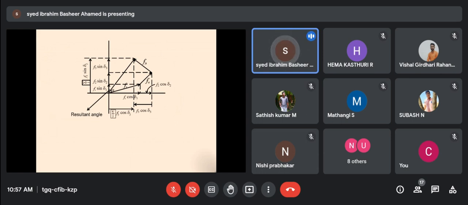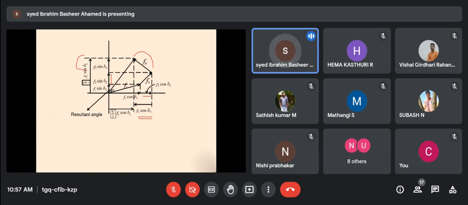F2 has F2 cos delta 2 and F2 sin delta 2. And F3 has F3 cos delta 3 and F3 sin delta 3.